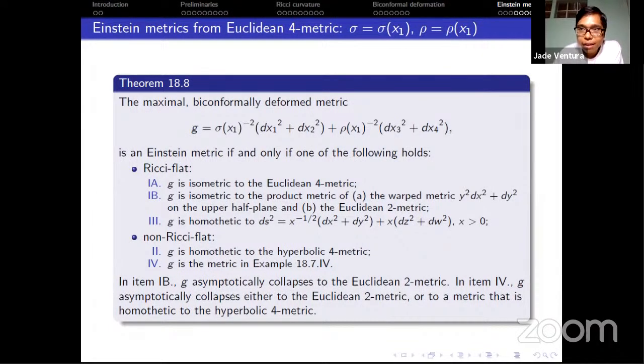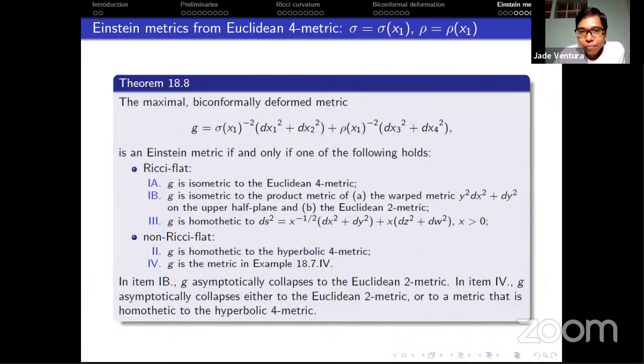So that's the remaining case of my work with Dr. Colbert. We have in the paper other examples of what sigma and rho can be, but this one I think is an instructive case in the sense that it accomplishes the goal, which is to output a new Einstein metric given an old Einstein metric.